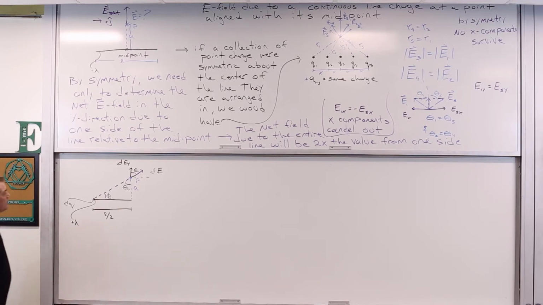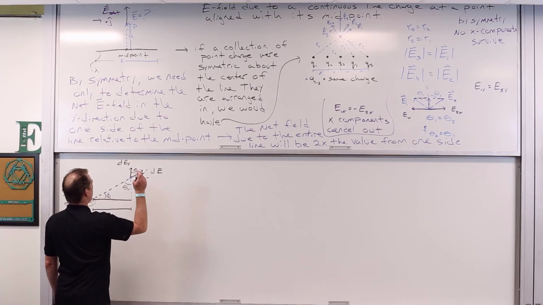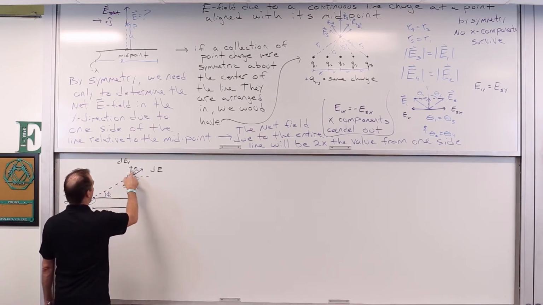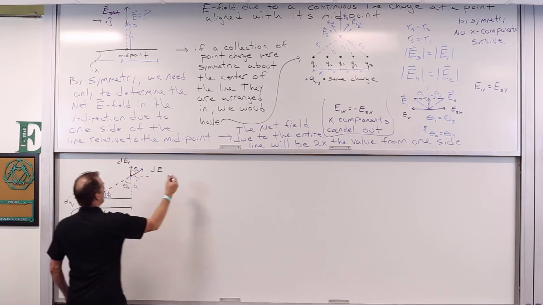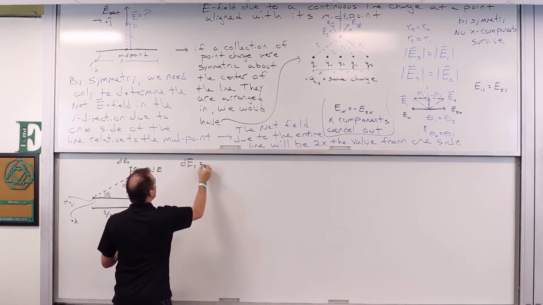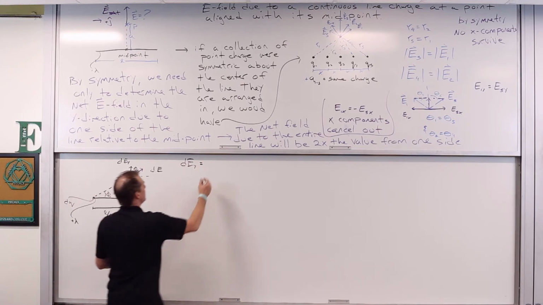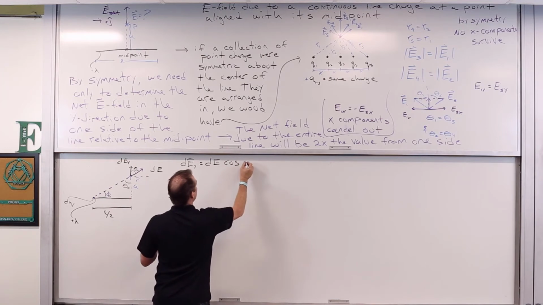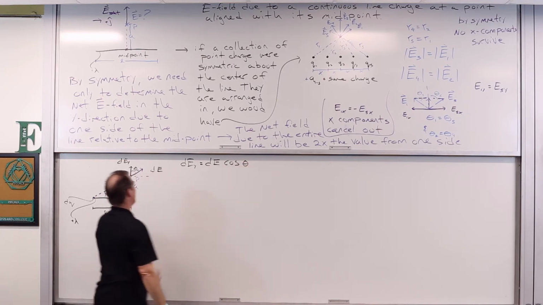So, what do we have out of this? We've got ourselves the ability to extract out the y component and say that dE sub y is going to be equal to dE times the cosine of theta.